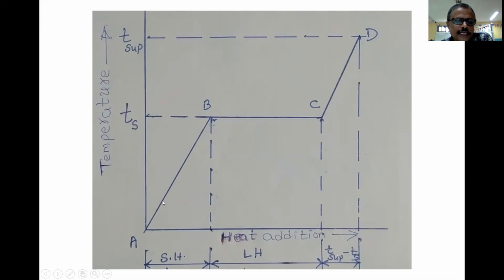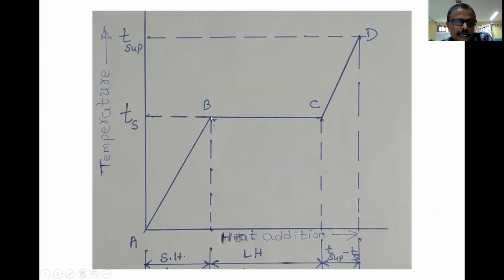Its temperature increases up to saturation temperature. That is, this is the saturation temperature. It is nothing but the boiling point of water. So if you continue the heating of water, you will reach the saturation temperature. Here you have got water at boiling point.